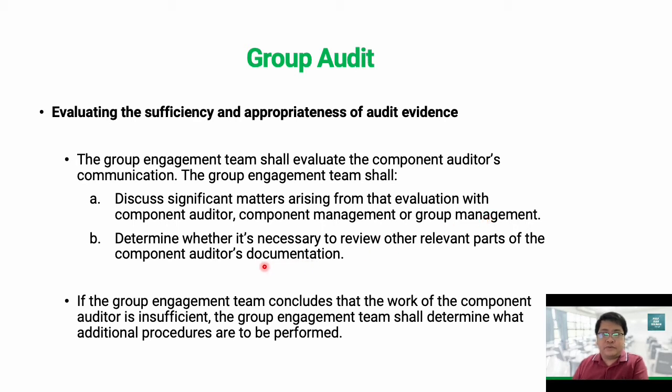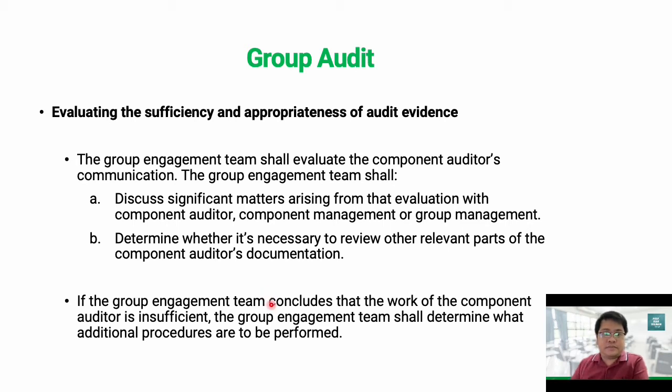You will also determine whether there is a necessity to review other relevant parts of the component auditor's working papers, especially if you will rely on the work of the component auditor. Because the group auditor can also audit the component auditor after all, or perform additional procedures even if you are not originally the assigned auditor of that component, especially if you think that the work of the component auditor is not appropriate or not sufficient.